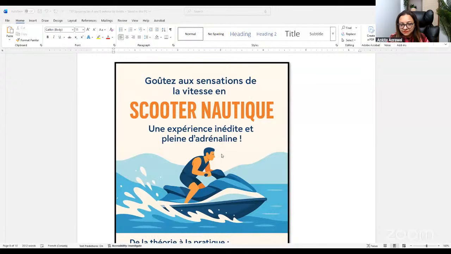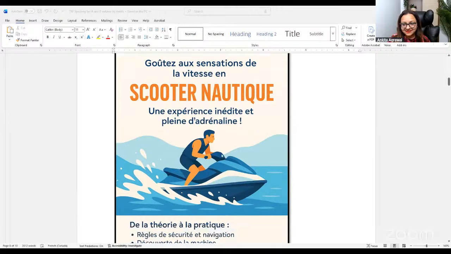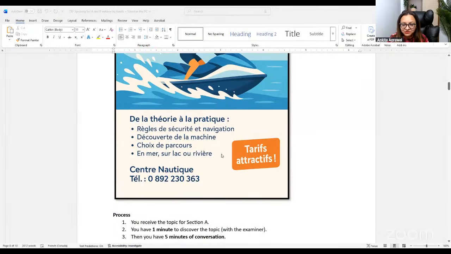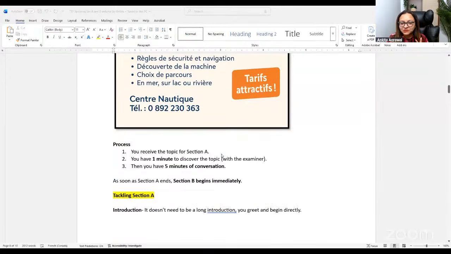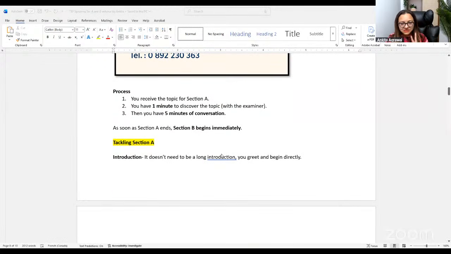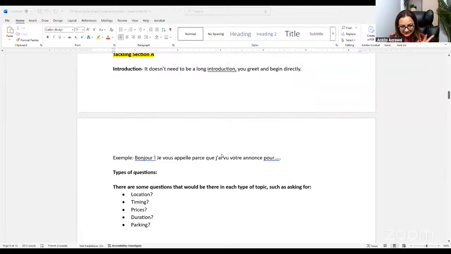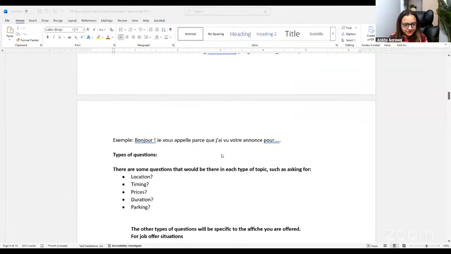Because now I'm establishing a trust with her. Instead of rushing, like, bonjour mesdames, j'ai vu votre annonce concernant, and after that, tout d'abord, my pace will go down because now I don't know what to ask. So establish the same rhythm, same pace. That's a very important pro tip here.